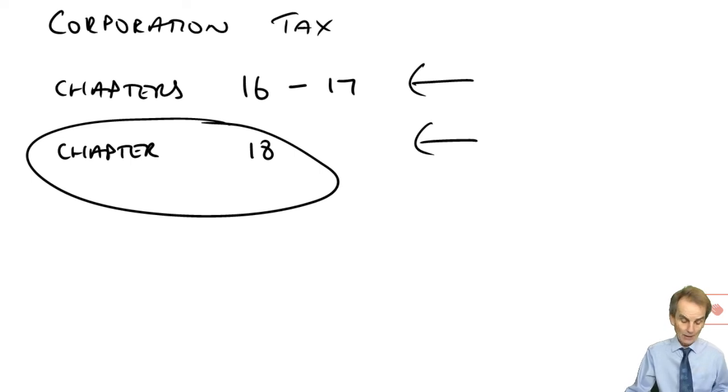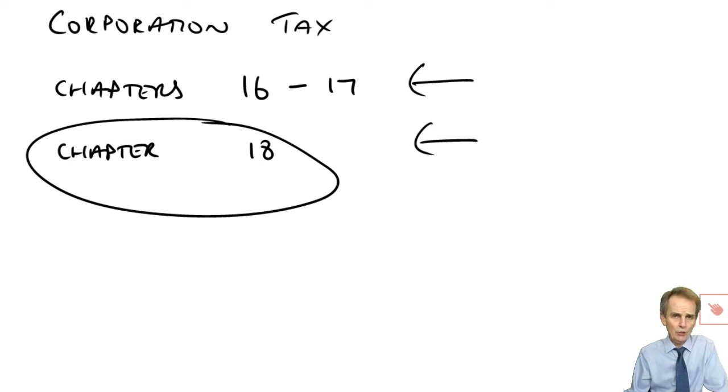Okay, before we get to there though, you now need to check through and work through chapter 16 and 17, see how we prepare a corporate tax computation for a company, see that it is prepared for a chargeable accounting period, but our working document from which we prepare that corporation tax computation is the company's own statement of profit or loss.